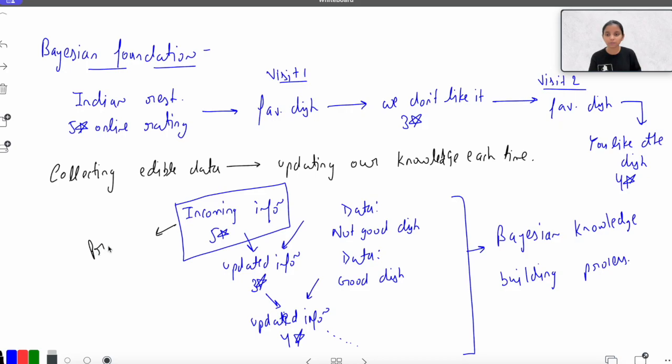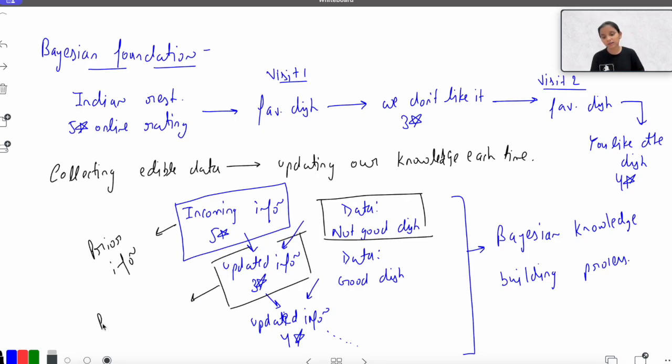This is your prior information, and that is the data that you are collecting. And then after collecting the data, the updated information is said to be the posterior information.